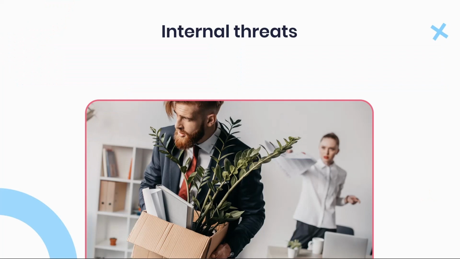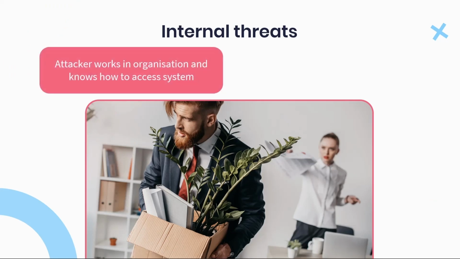An internal threat is something that companies and big businesses continually fight to get rid of. It's the enemy within, where the attacker works in the organization and knows how to access the system without being detected. The perpetrators have a lot of knowledgeable insight about the system network, which makes it easy for them to launch their attack.